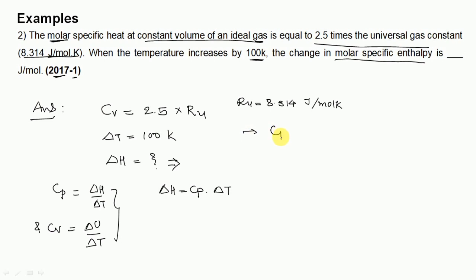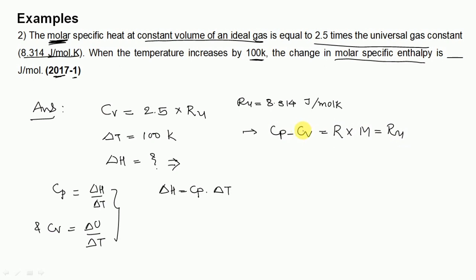We know the relation Cp minus Cv is equal to R, the gas constant. But here the value is given as a molar specific heat, per mole, not in kilojoule per kg.